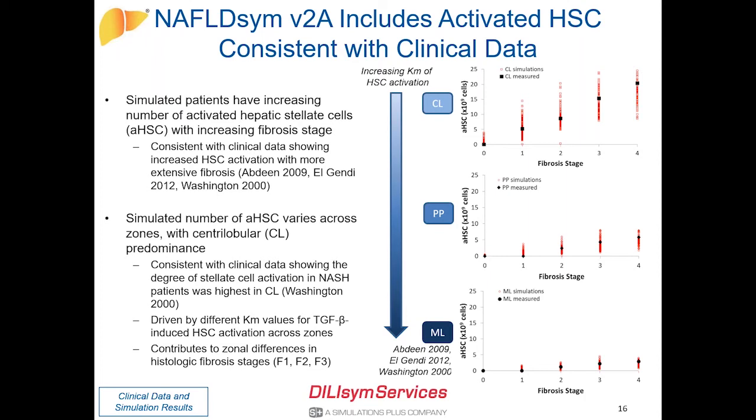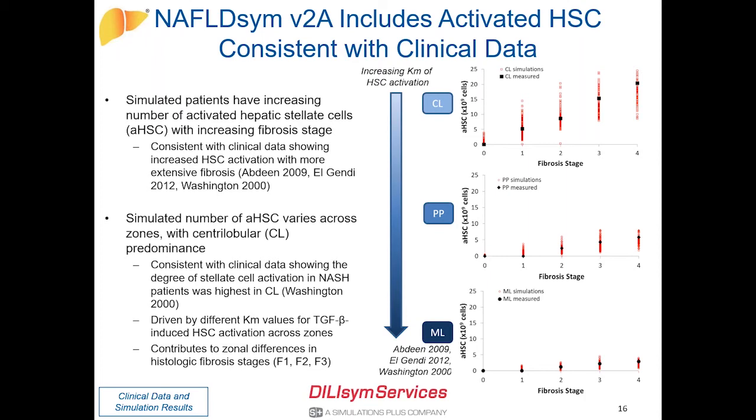And really, it starts with the activation of stellate cells in specific regions of the hepatic acinus. And so you can see there's the centrolobular, the periportal, and the midlobular. Collagen present only in the centrolobular gives you fibrosis stage 1, centrolobular and periportal, stage 2, all three, including the bridging, then gives you stage 3 fibrosis.